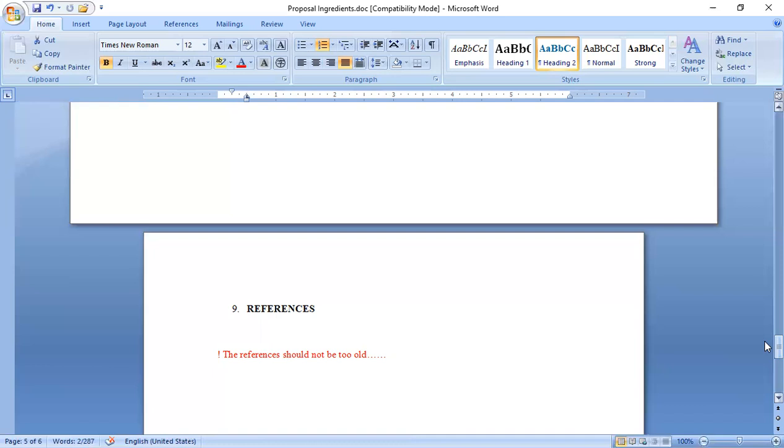So I believe that 2000 to 3000 words are enough for making an effective research proposal, and the page limit should be between 13 to 20 maximum. One should also select a topic that has some demand.